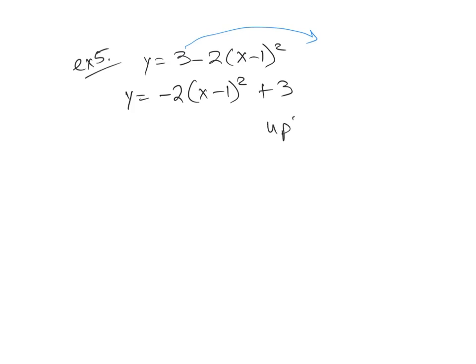Okay, so up 3. And it's going to have a vertical stretch, exactly what you think. It's a vertical stretch by a factor of 2. And what does the negative mean?